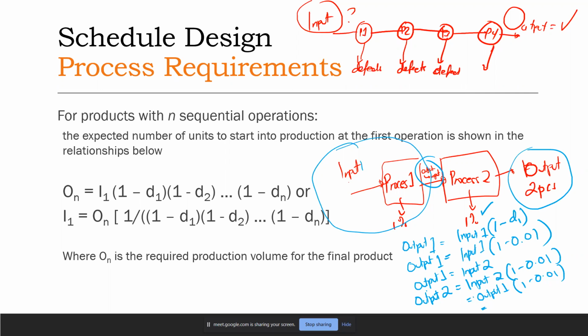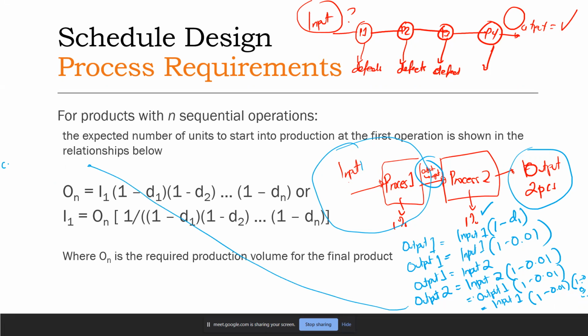And then yung output sub 1 is equal to the input. So pwede natin ilagay dito, input sub 1, 1 minus 0.01. I-multiply ko ulit sa 1 minus 0.01. Ayan, pagkasyahin na natin doon.